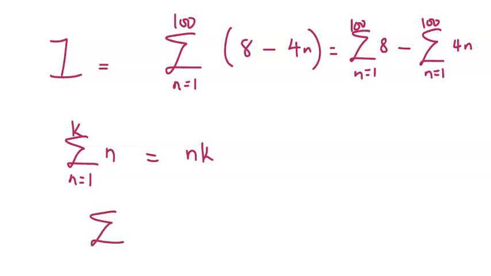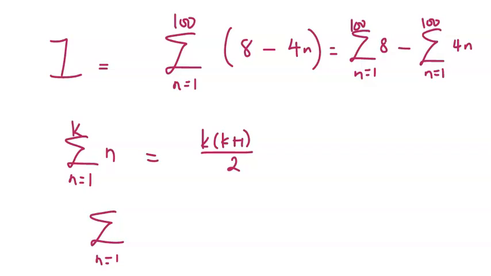Oh, that's a very silly mistake. So this is k, not n. I don't know what is wrong with me today. So this is going to be k multiplied by k plus 1, then divided by 2, yes, of course.